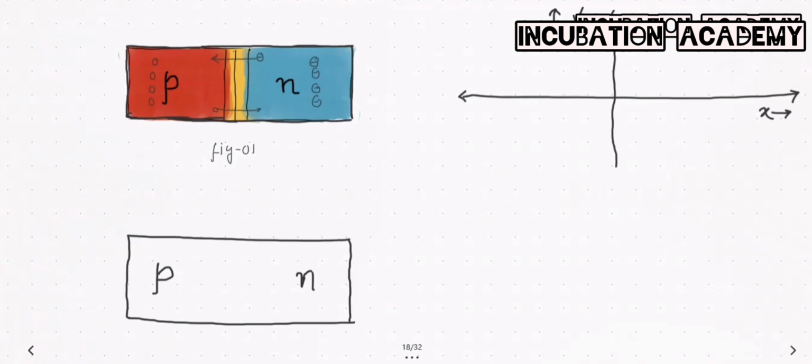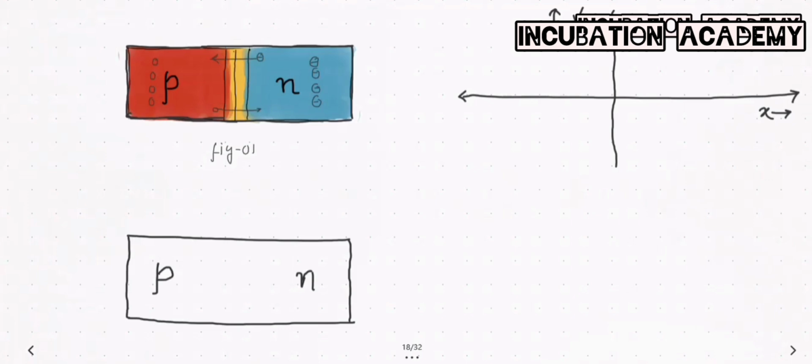Remember that the P type semiconducting bar is made by fusing trivalent impurity within the germanium or silicon lattice. Similarly, the N-type semiconducting bar is made by fusing pentavalent impurity within the germanium or silicon lattice.